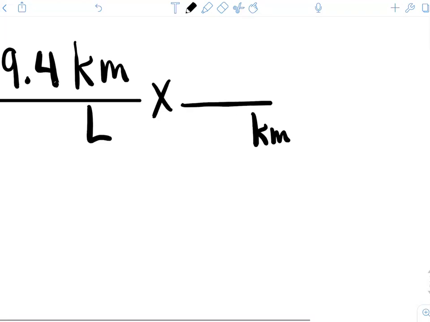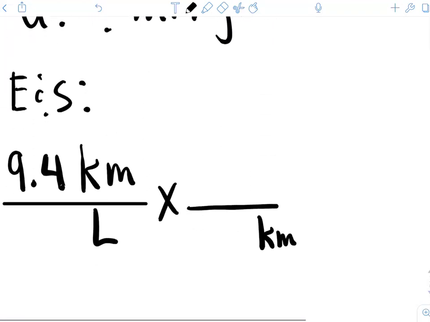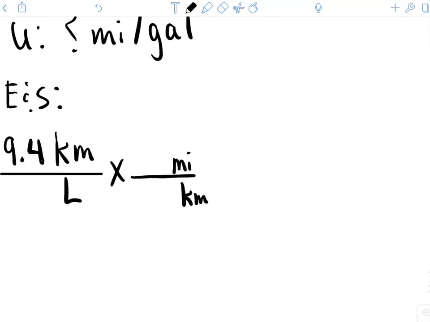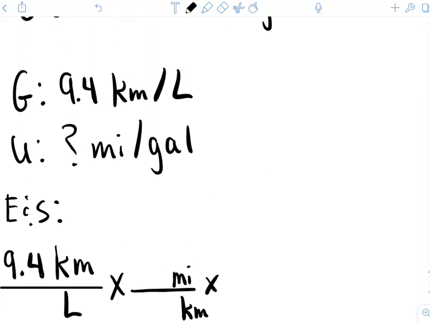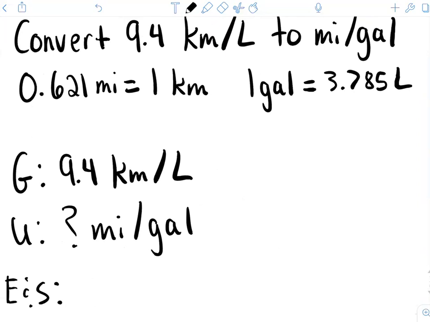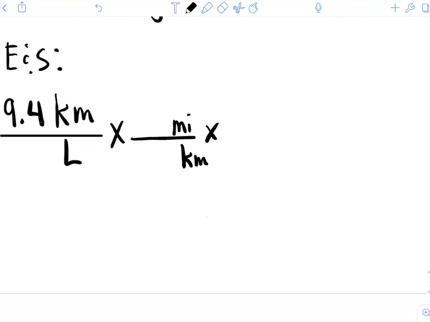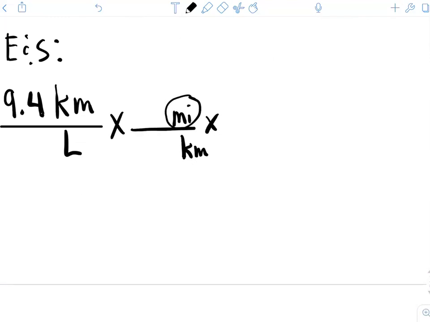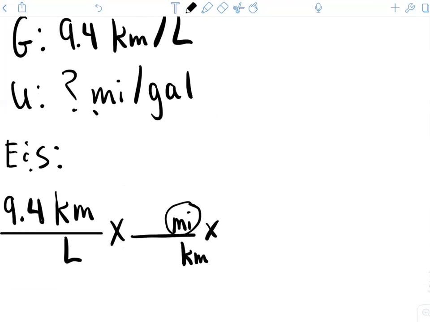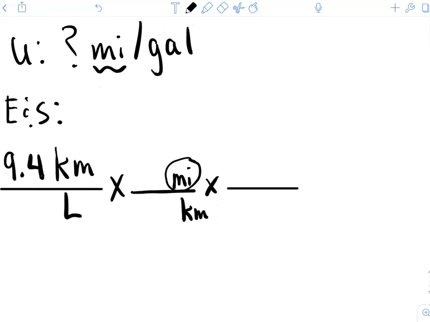Well, the only thing that I'm given is kilometers and miles. But now I'm then given that I have miles on the top, which is what I want. Eventually, I want miles on the top. And I eventually need gallons on the bottom.